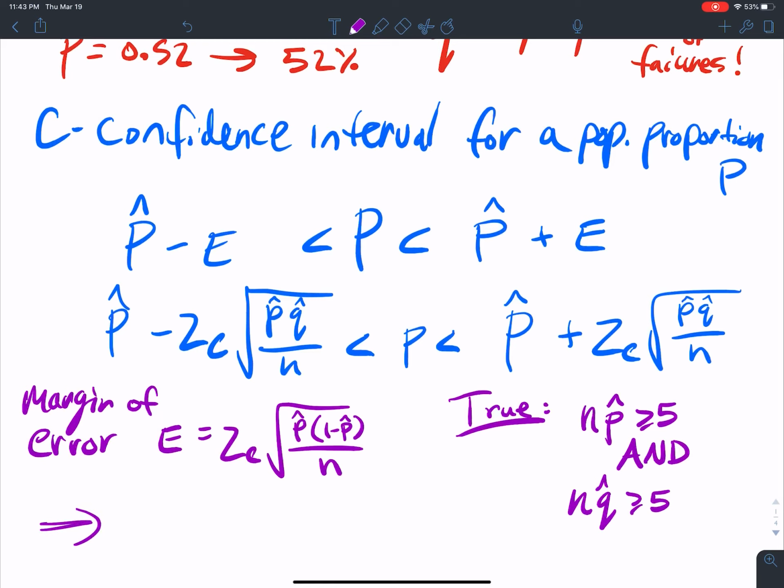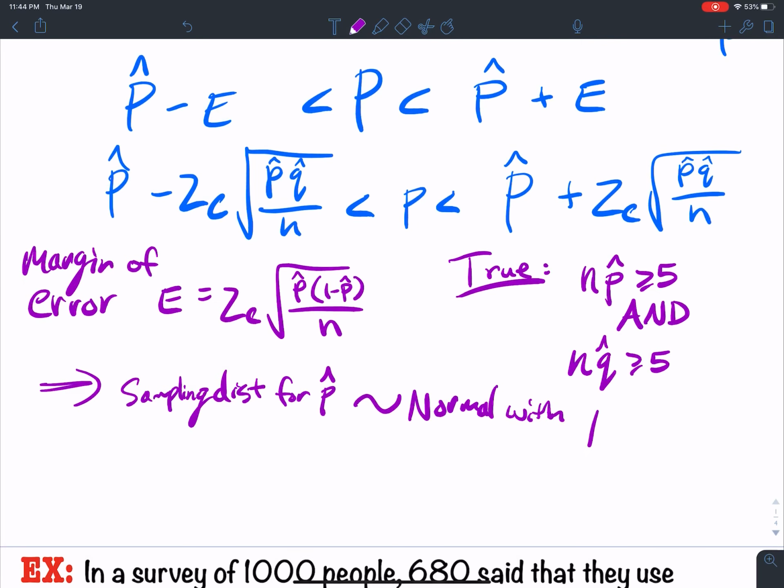Okay, so what does that mean? So the sampling distribution for P hat is approximately normal with the mean of P hat equal to P, and the standard deviation of P hat is equal to the square root of PQ over N. PQ over N. Okay?